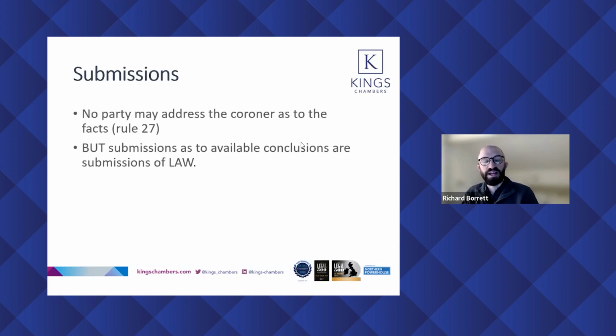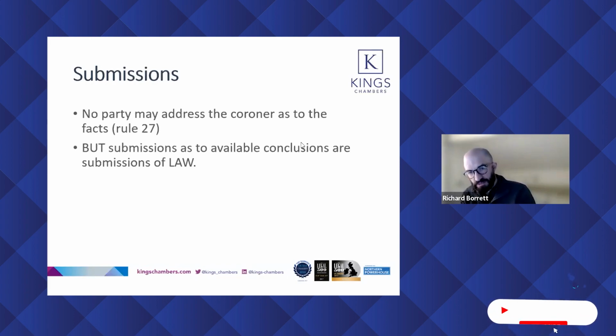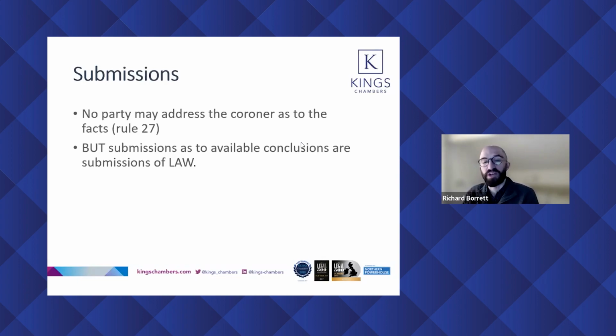And in doing that, inevitably one has to address the evidence, because you have to say there is no witness evidence of this person's intention when they fell in front of a train, whatever it might be. So this is a bit of a self-contradictory process, but most coroners are alive to it and recognise that it's very difficult to avoid addressing the facts when you're addressing the appropriate conclusions.